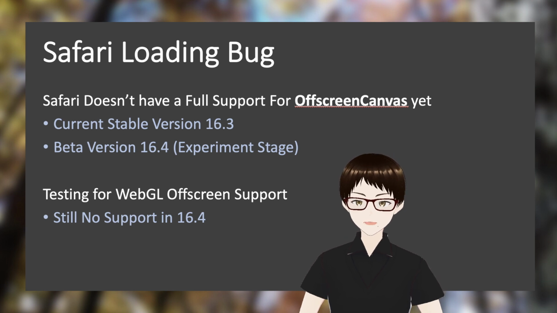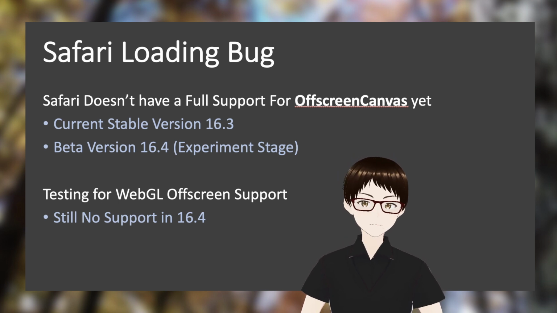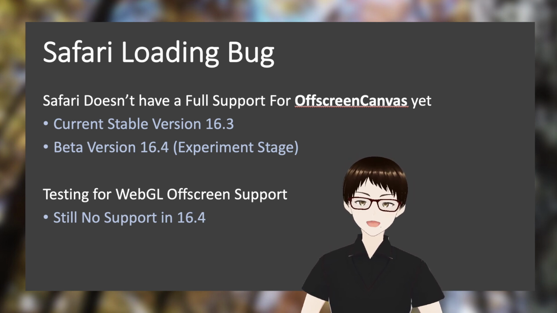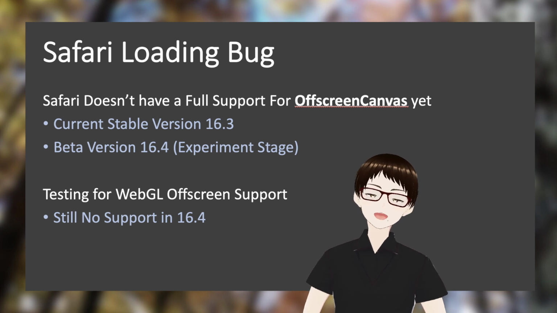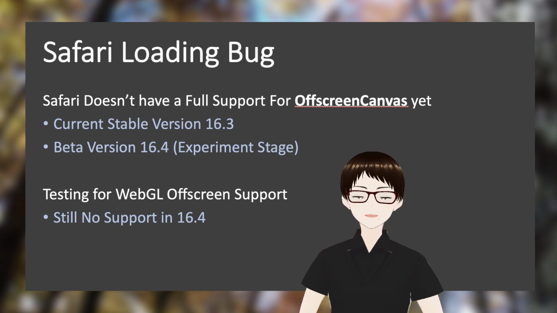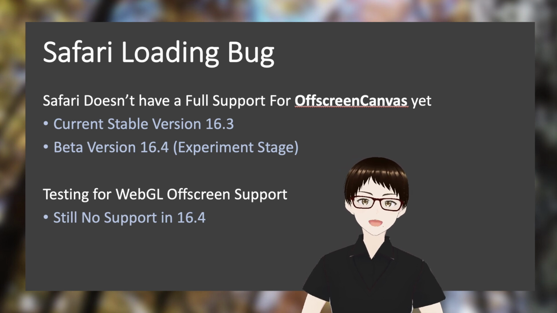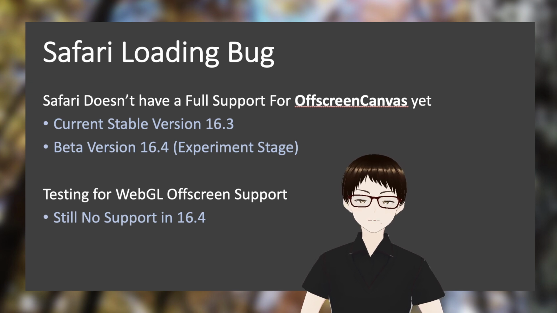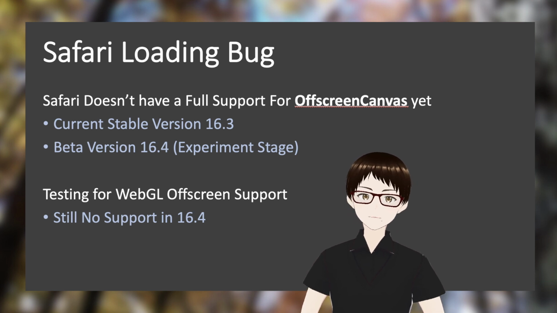There is a beta version in the experimentation stage that we could try, but it's still experimental, so I will not support this right now. And even if Safari provided support for offscreen canvas to process images in the background, we might not be able to use Safari just yet, because in their official guide, they don't have support to process images in the background using WebGL, which is using the GPU.